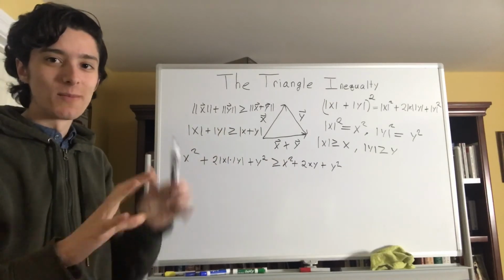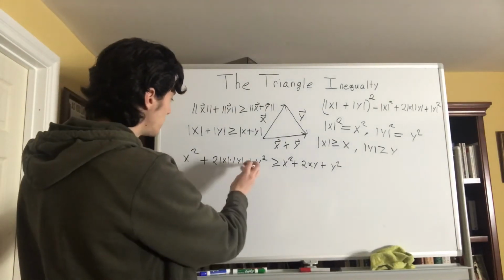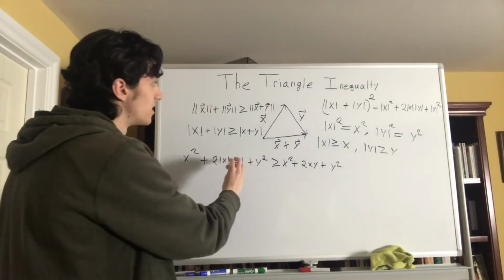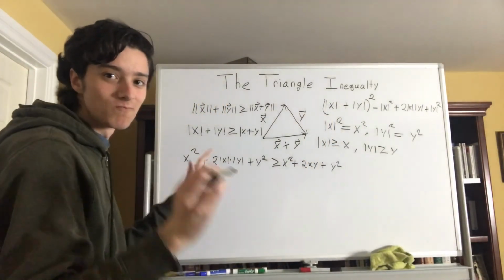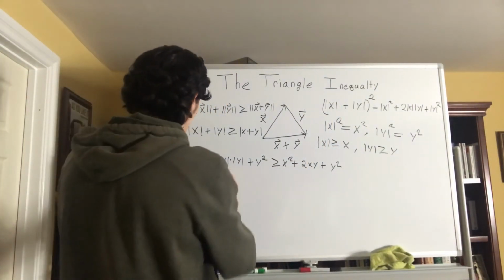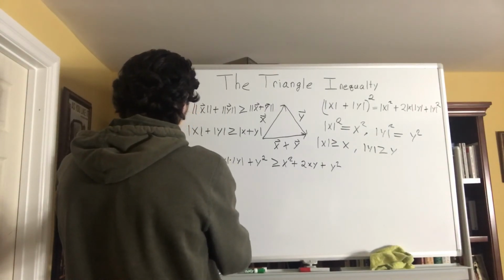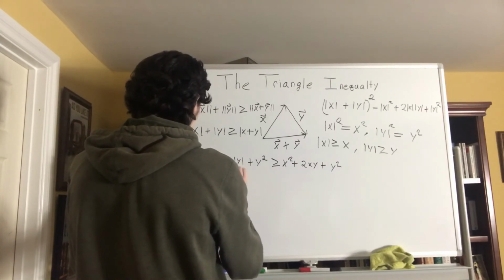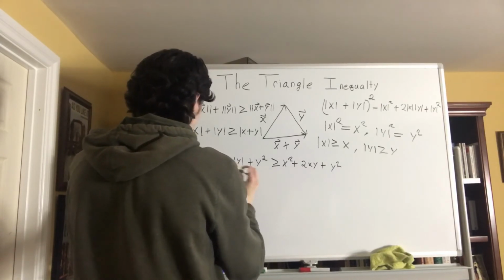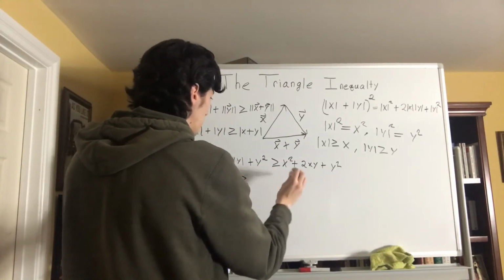So we're going to have to do some algebraic manipulation. So here, again, this is the same thing as this squared, so we're just going to write it back for convenience purposes. So we have the absolute value of x plus absolute value of y squared, and is greater than or equal to.